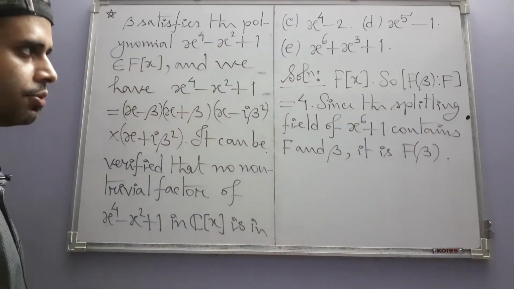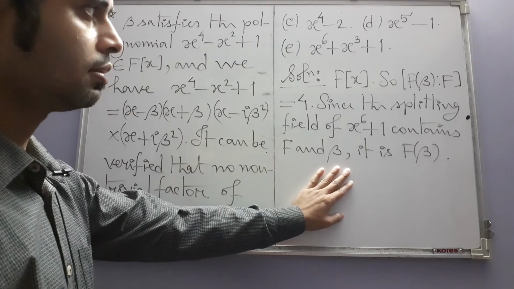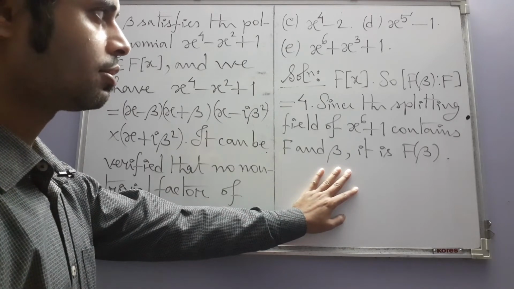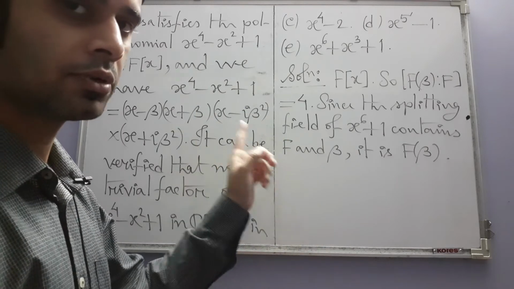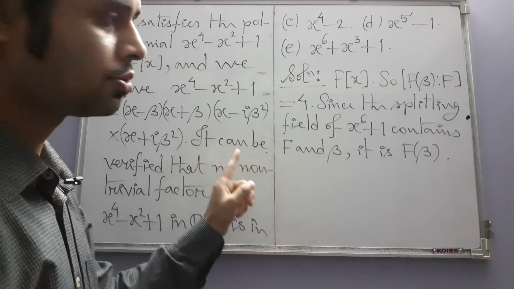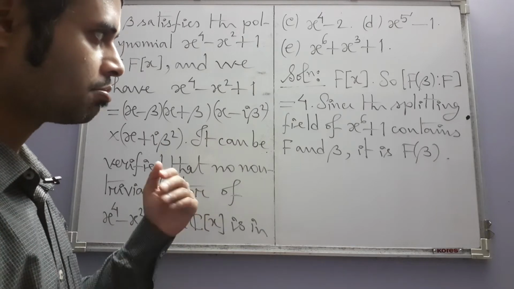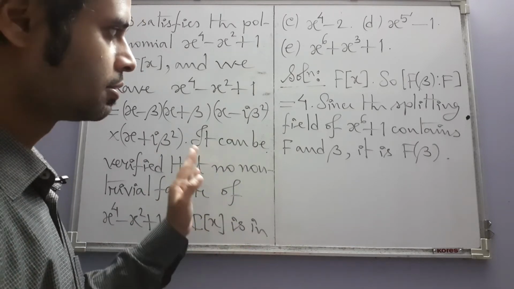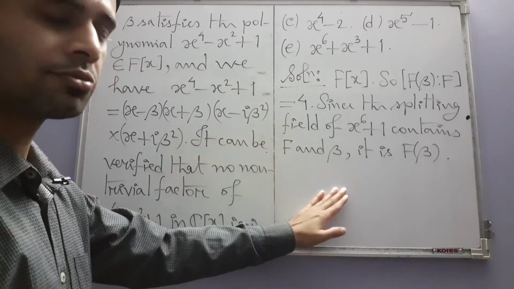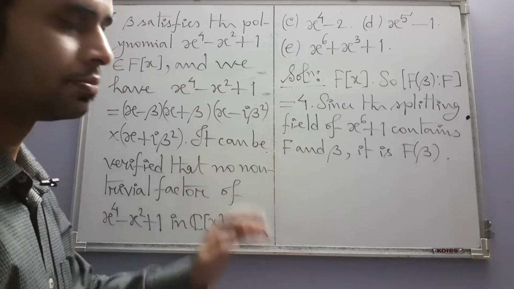And just like before, its degree over F is 4. So although the original polynomials had different degrees, the first one of degree 4 and this one of degree 6, the splitting fields for both of these polynomials over the field of rational numbers have degree 4.